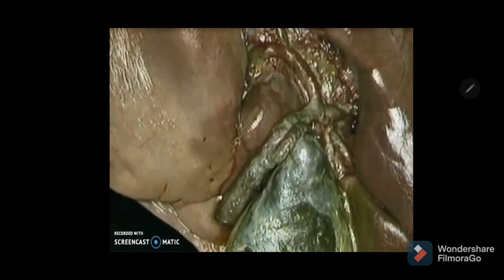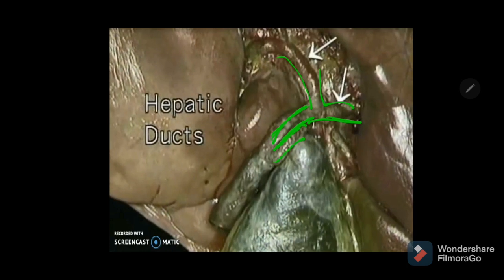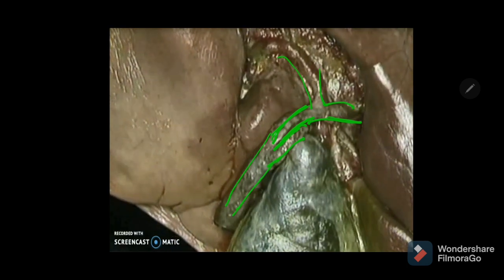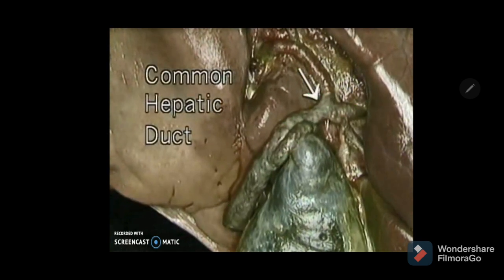So these are the contents you are seeing at the porta hepatis. And once you take out the other contents, focusing mainly on the hepatic ducts, you are noticing the right and left hepatic ducts together form the common hepatic duct, and to the right you are seeing the cystic duct here, and they form the common bile duct.